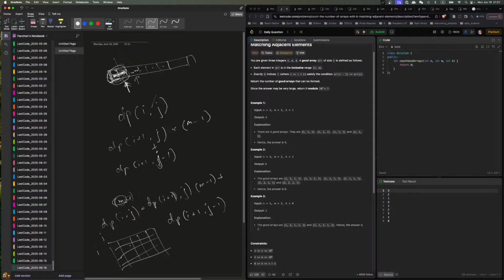So dp[i][j], let's say we do here, is equal to i+1, j, which is this, and i+1, j-1. So this equals these two, this equals these two, this equals these two. Which means if I fill out the bottom layer, and then we go from here, this gives me this, this gives me this, this gives me this.